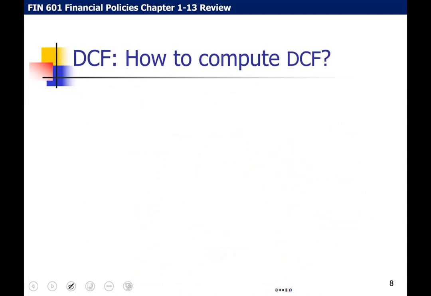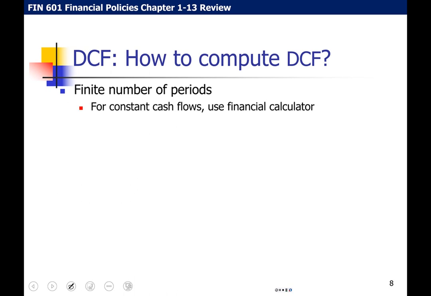And the next one, how can we compute these discounted cash flows? And here are a couple of patterns of cash flows that you can follow. So let's start with a finite number of periods. And if the cash flows are constant, we can use the financial calculator. We use the time value of money function.